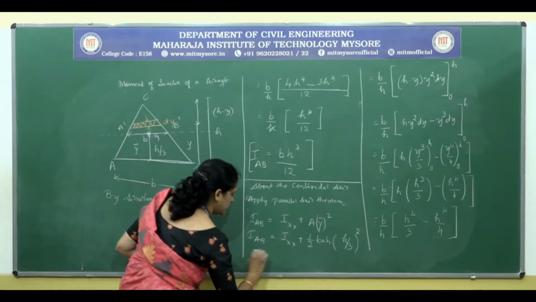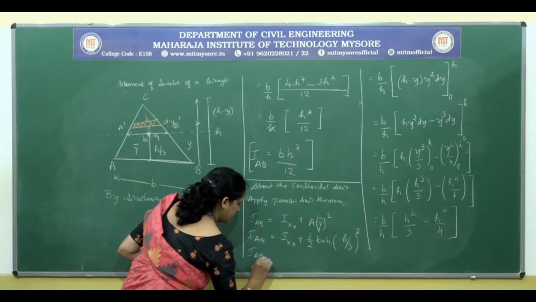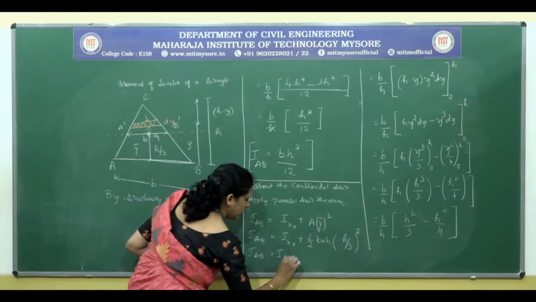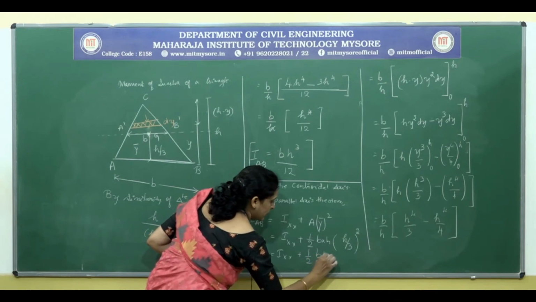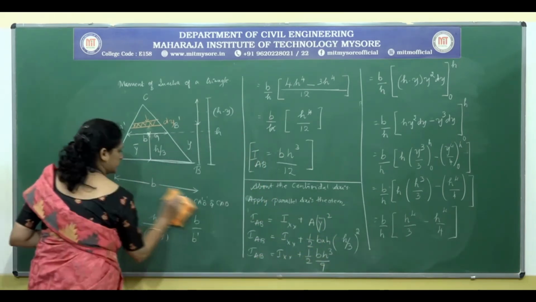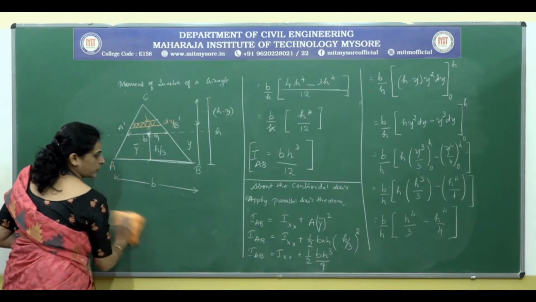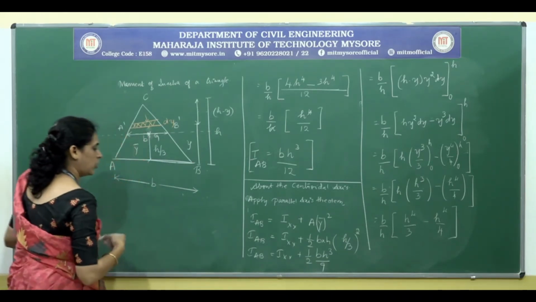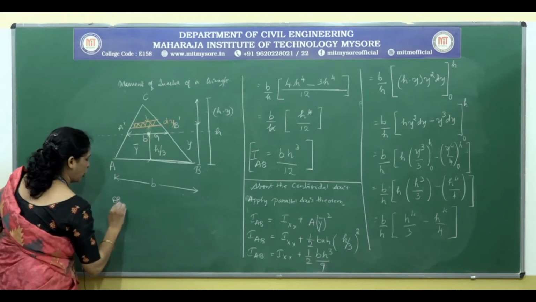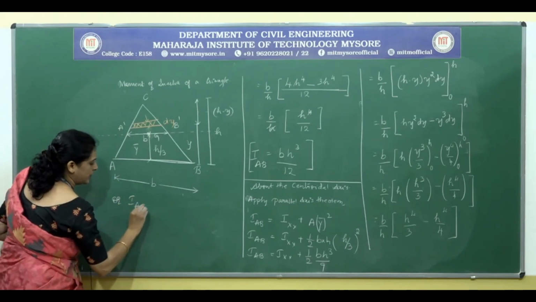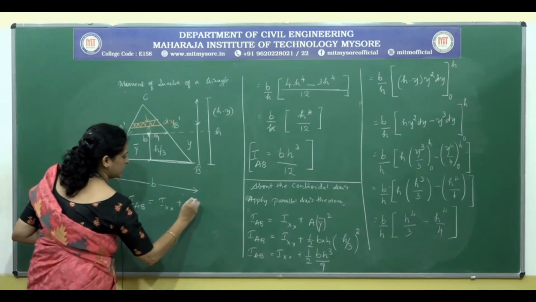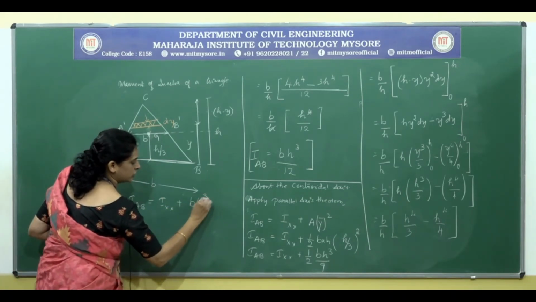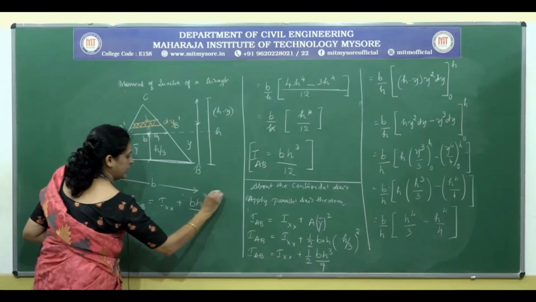Finally, we get IAB is equal to IXX plus half into BH cube by 9, or IAB is equal to IXX plus BH cube by 18.